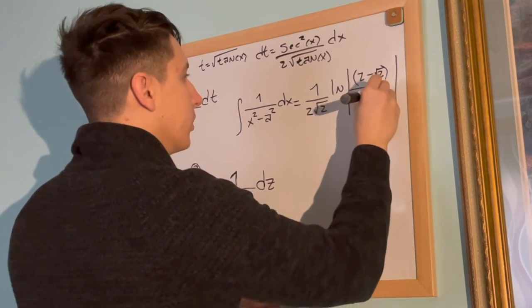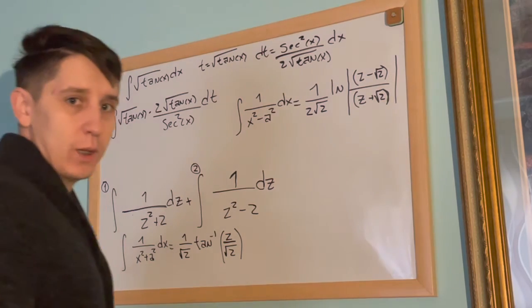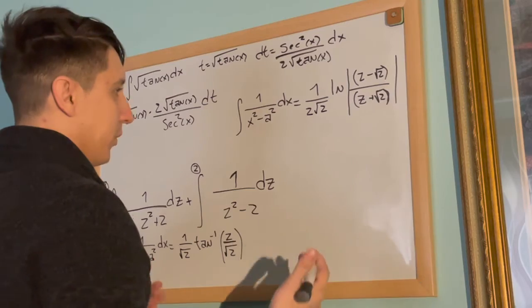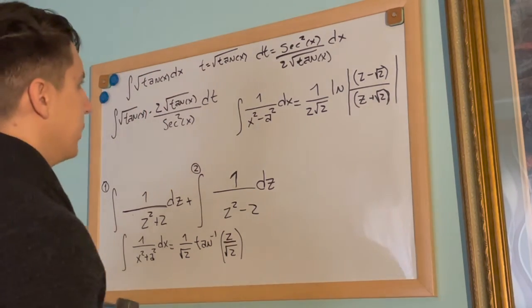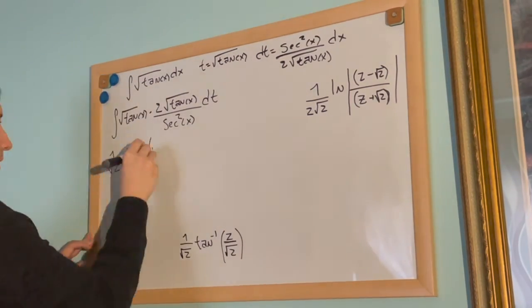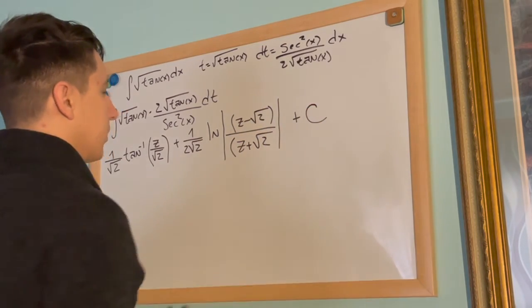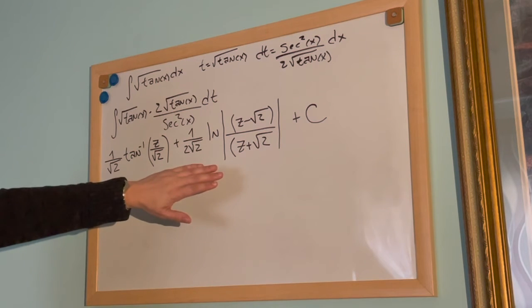And that's what we have so far. So we can now combine these two together and simplify from there. All right, so what we can do is remove some of this stuff that's in our way. Plus c for our constant of integration. But we're not done yet.